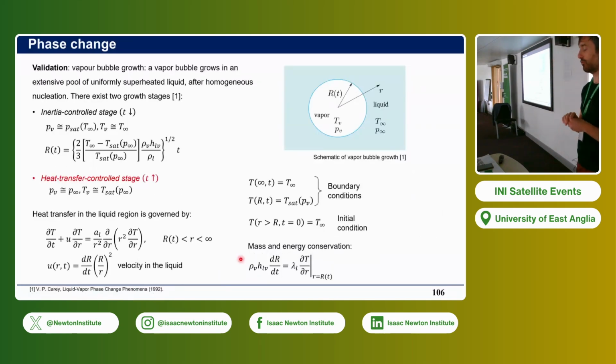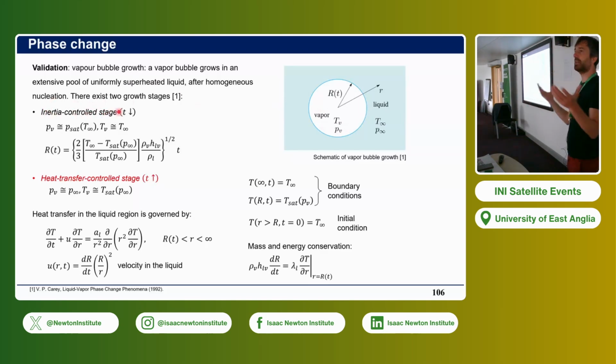Problem number 3 can be slightly more complicated because it's at least two-dimensional axisymmetric. Now it's the real growth of a vapor bubble. So you place a vapor bubble in a superheated liquid. Some of you may be familiar with the Rayleigh problem, where you have the inertia-controlled growth of a bubble.